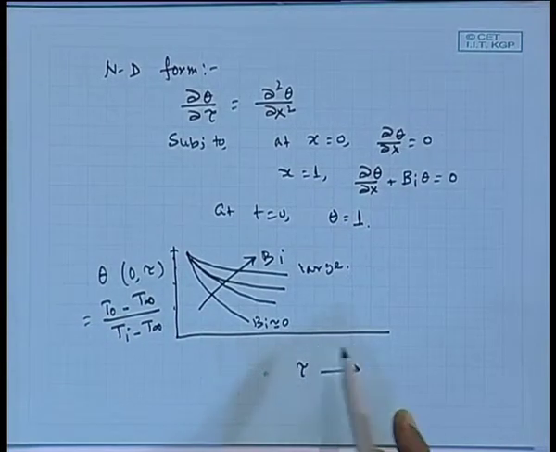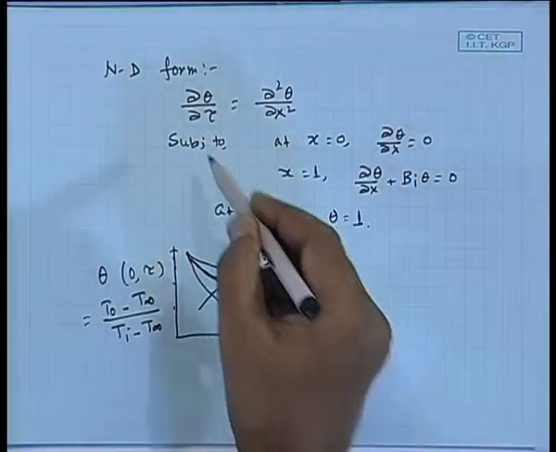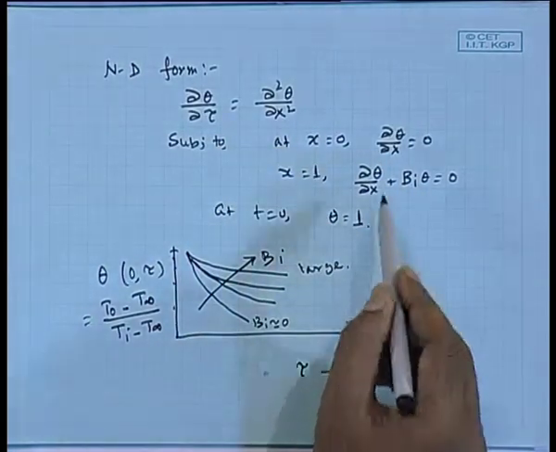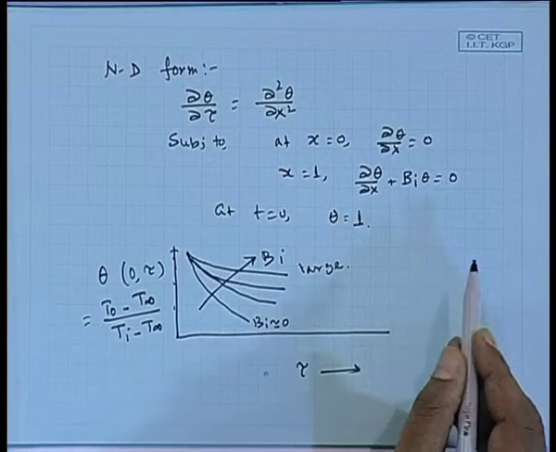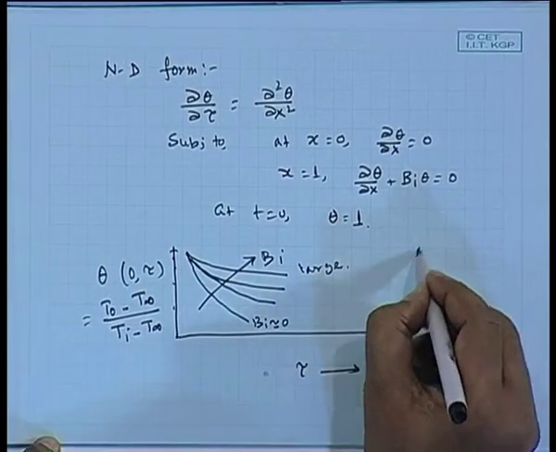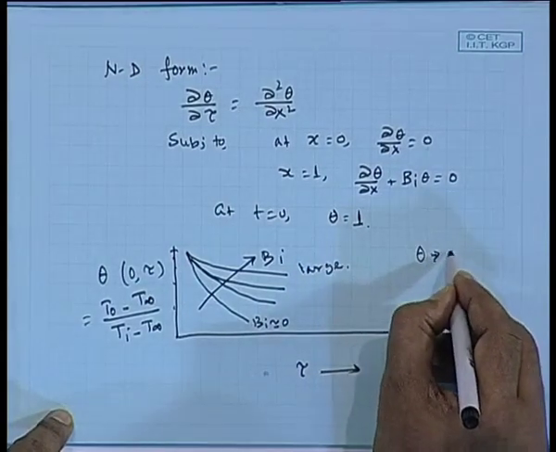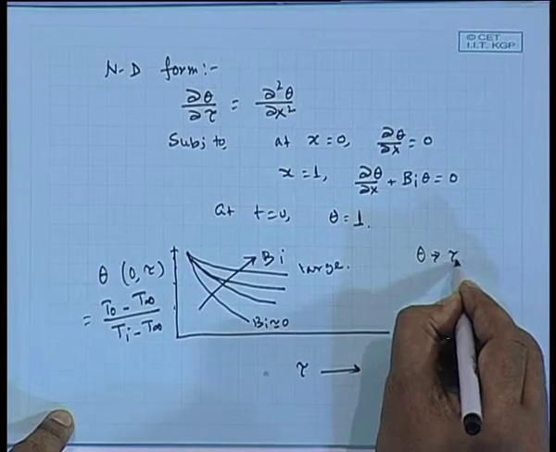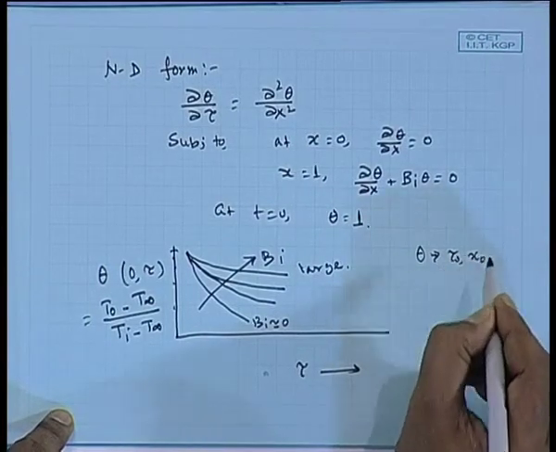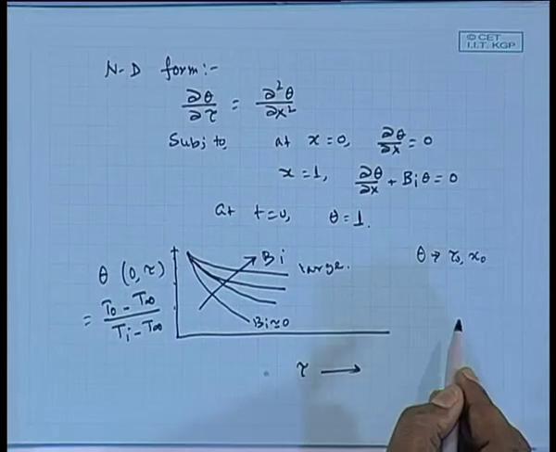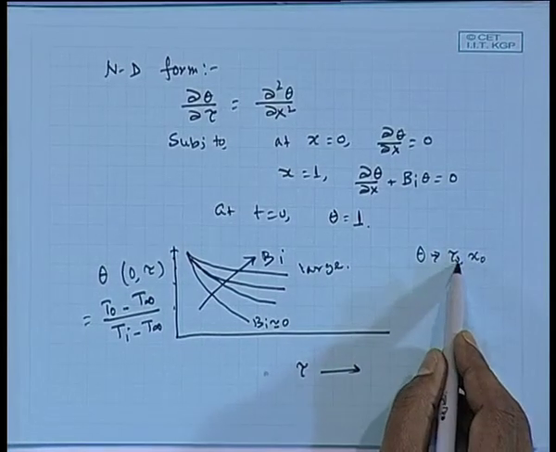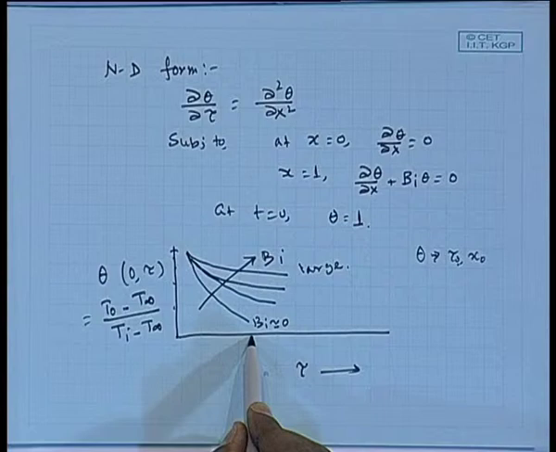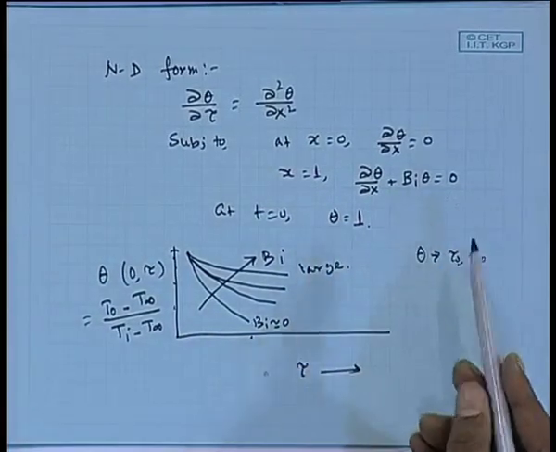Suppose these boundary conditions prevail, then our aim is to find out, let us say, theta at time tau naught, and let us say at a location x naught. Suppose that is our aim. So, we know what is tau naught, we go back to this; h etcetera are all known.